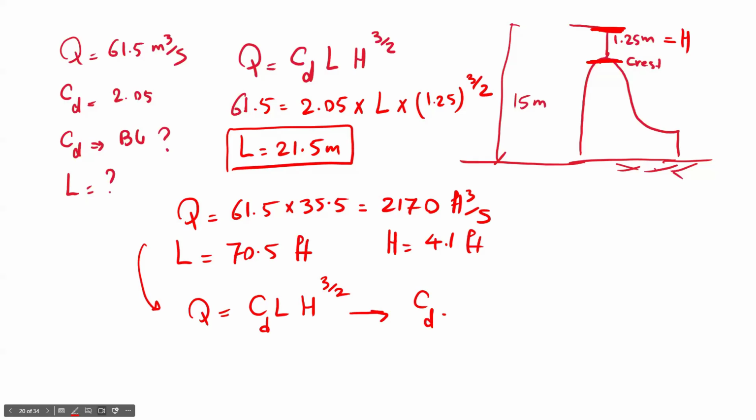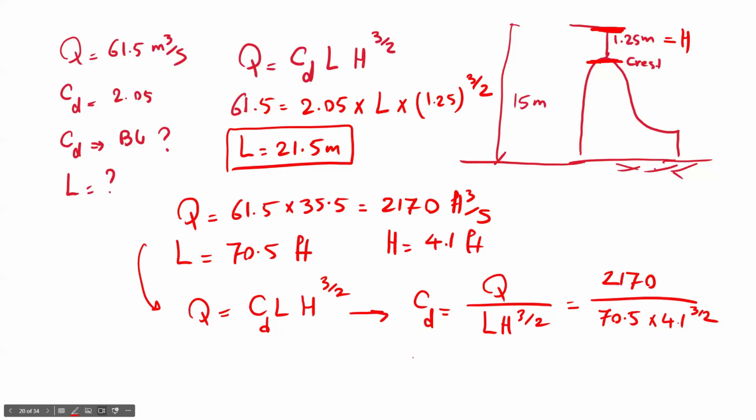So CD is going to be Q over L H to the 3/2. With the new numbers based on feet and the rest, 4.1, which gives you around 3 point something, which makes sense. In British units, CD should be around 3 point something, sometimes 4.